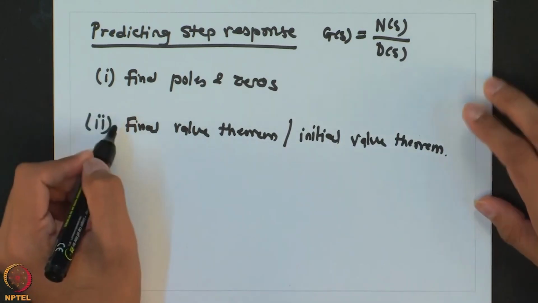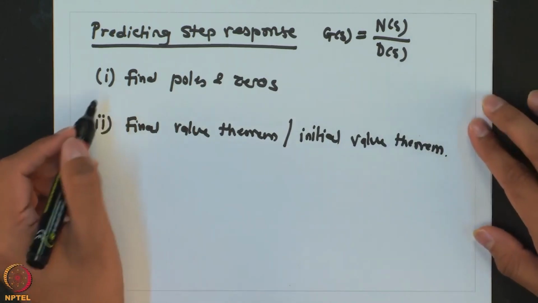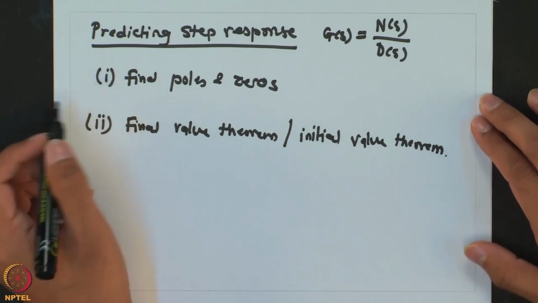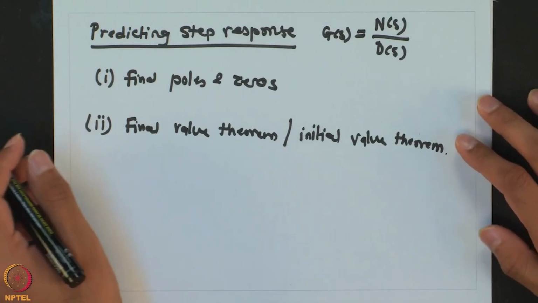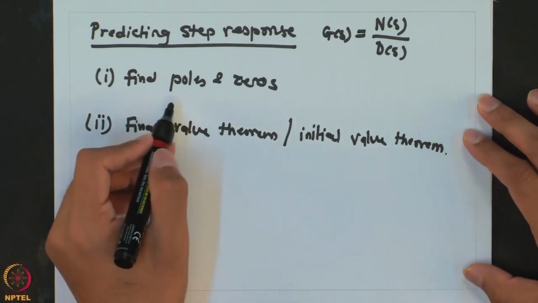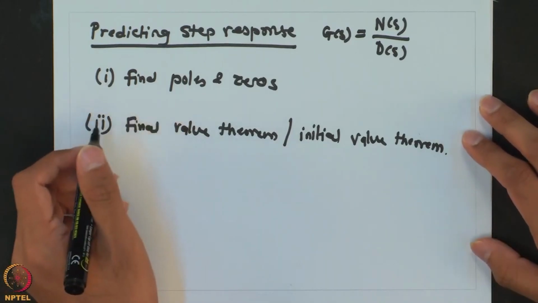And with the help of these two, we would be able to predict the step response of any transfer function. So, for that we try to plot these poles and zeros in the complex plane.